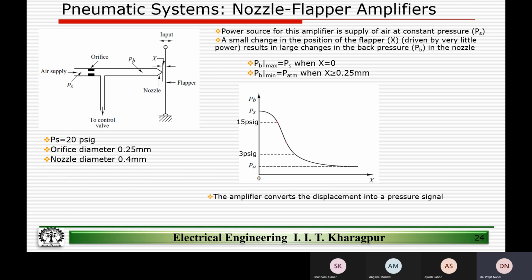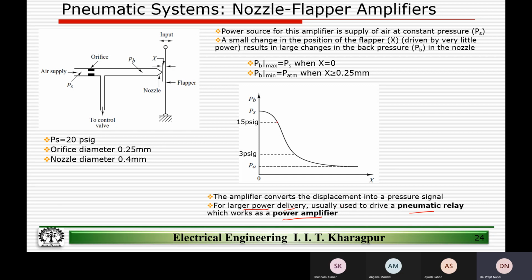Wherever there is inherent nonlinearity in an open loop system, let's see if we can build up a system with feedback. For large power delivery, it is usually used to drive a pneumatic relay, which works as a power amplifier.